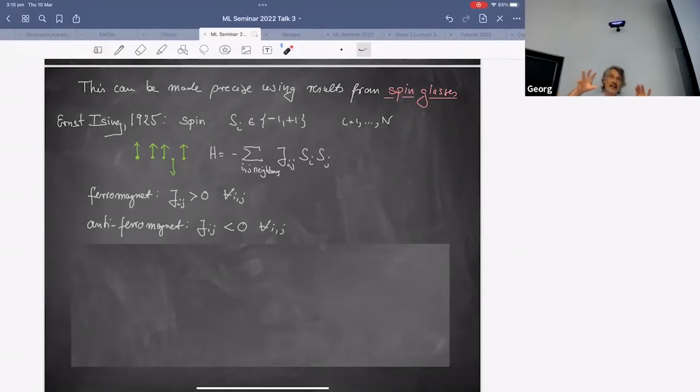What they tried to understand in physics was phase transitions. If you have a ferromagnet that is very, very hot, there is no magnetization. And if you cool it down, magnetization of that material suddenly starts to emerge. So we have a phase transition. And people wanted to understand how this comes about.